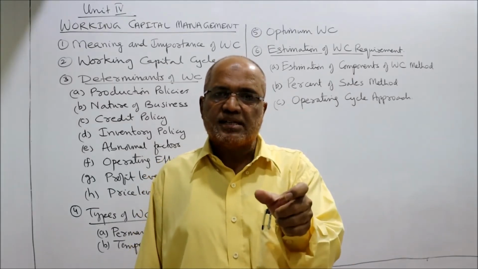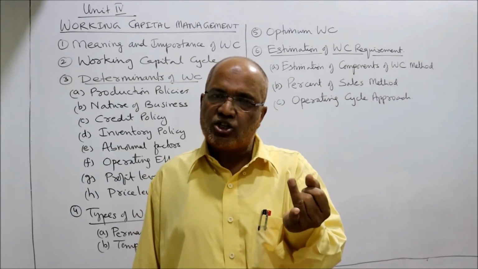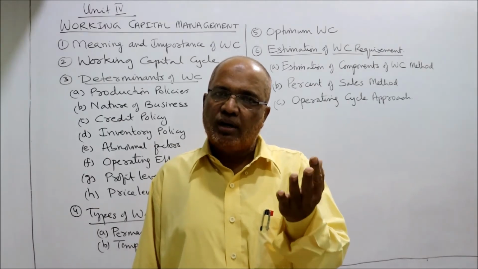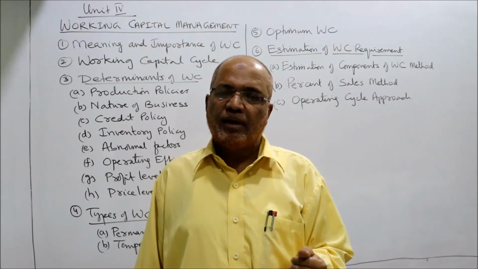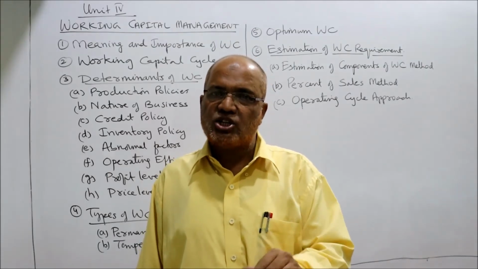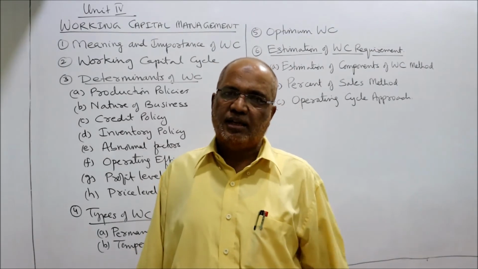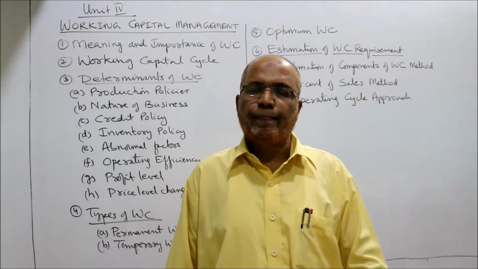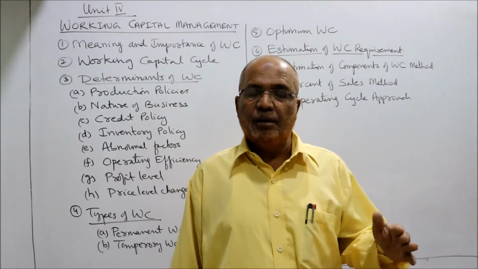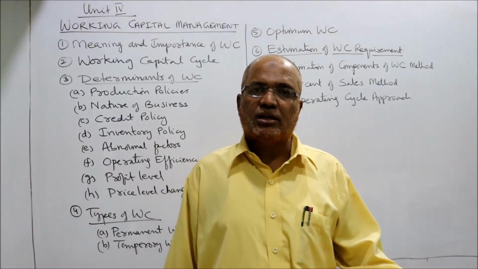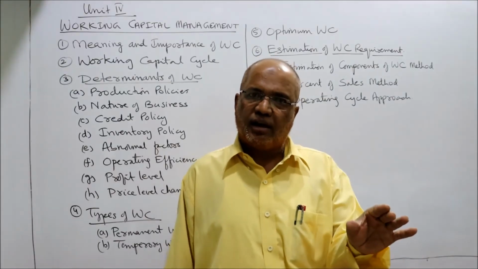The different current assets are cash in hand, cash at bank, then stock, debtors, bills receivable, etc. Debtors है, stock है, cash in hand है, ये सारे current assets हैं, ये components of current assets. इसी तरह components of current liabilities are creditors, bills payable, short-term loans, etc. These are the current liabilities.